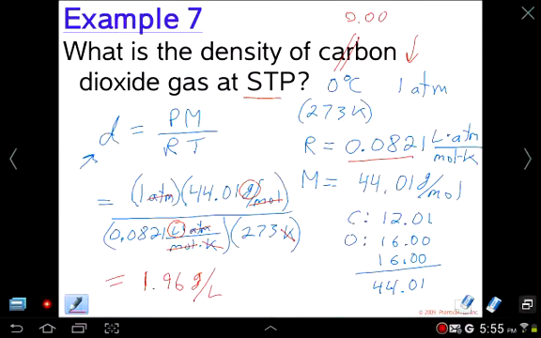I think we're justified in putting down three significant figures: 1.96 grams per liter for the density of carbon dioxide gas. And this is experimentally verified quite easily. You can measure a liter of gas, weigh it and find out exactly how much it weighs, and you can verify this quite easily.